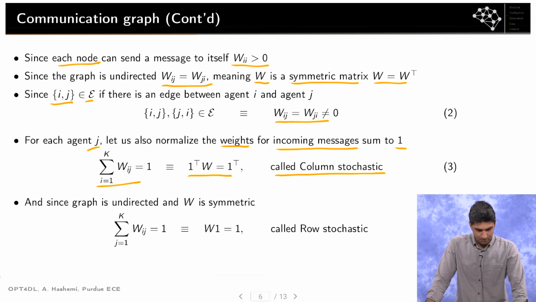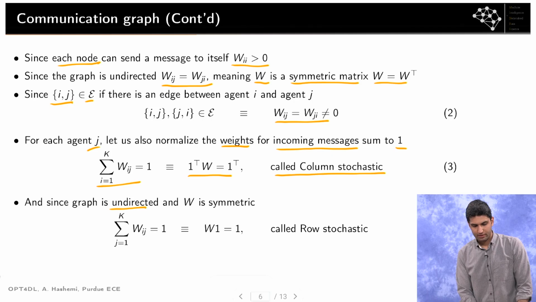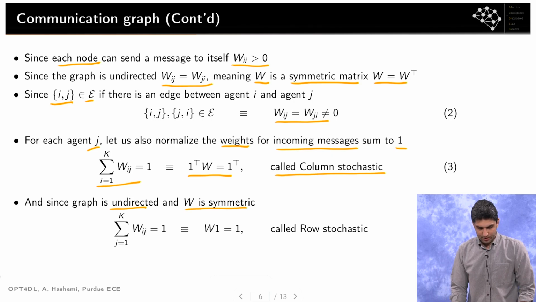Now, because we are assuming that the graph is undirected, which means that our weight matrix W is symmetric, the implication is that if I'm imposing this normalization, which means columns sum to 1, rows should also sum to 1.